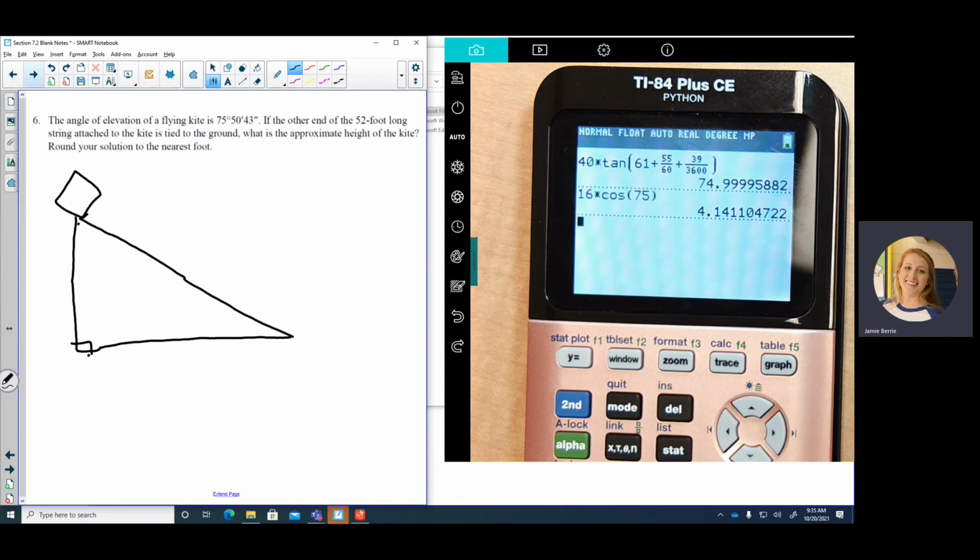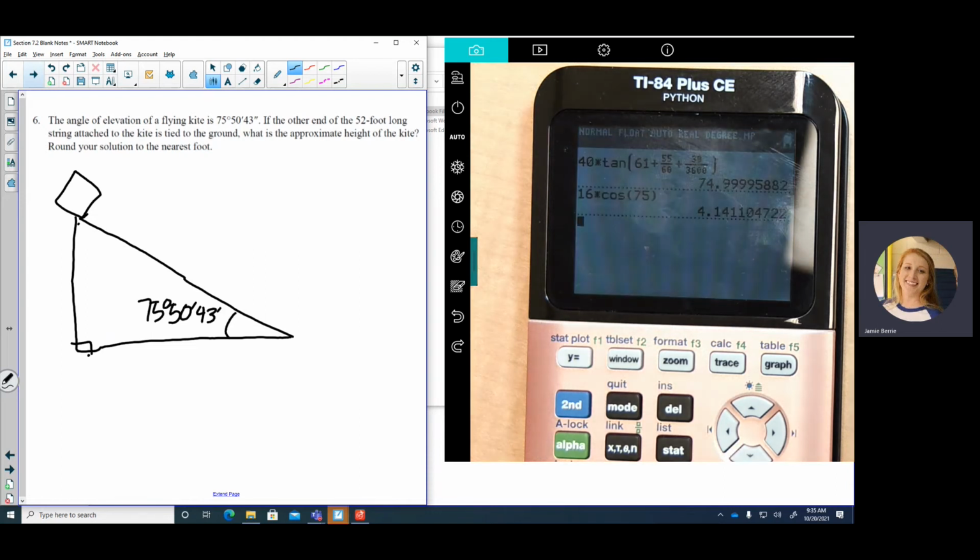That's again the angle from the ground looking up, 75 degrees, 50 minutes, 43 seconds. It says the string on the kite is 52 feet long, and they want to know the height of the kite. That would be this leg over here opposite the angle. We'll call it H for height.